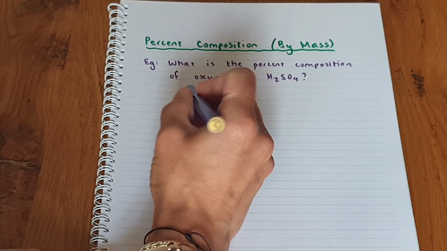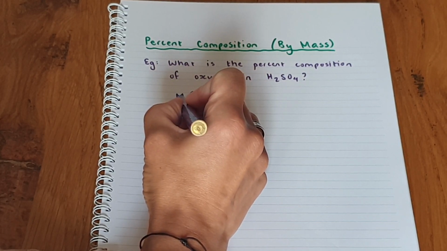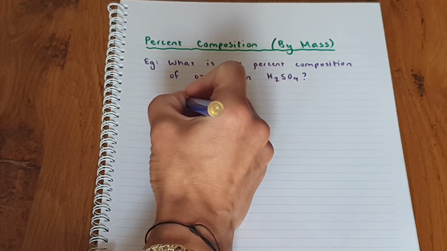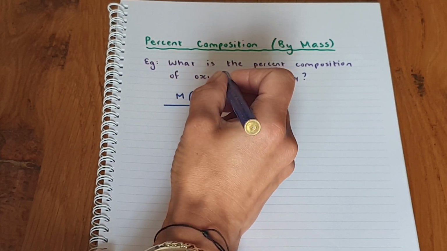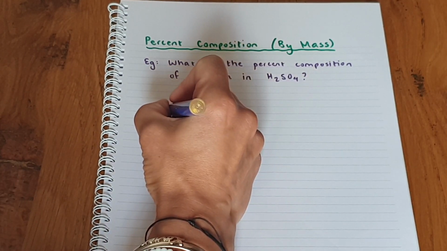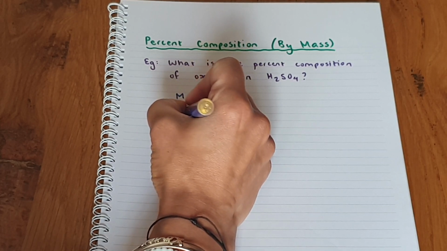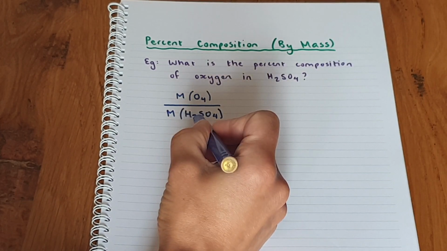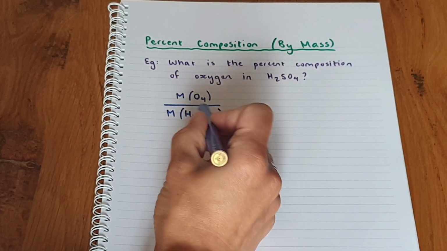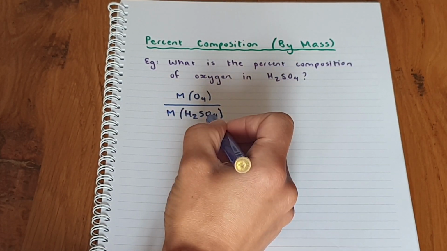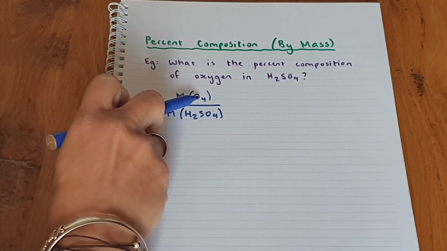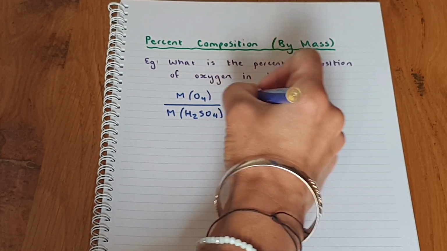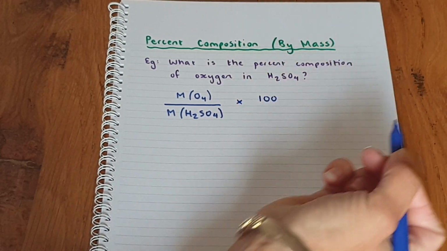So we have to look at, from your periodic table, what the relative atomic mass of oxygen is, times 4, over, because it's a percentage of the whole thing, the relative mass of the entire molecule, so the relative molecular mass. So what mass of the element in question over the mass of the entire thing? And because it's a percentage that we're looking at, we want to multiply it by 100.